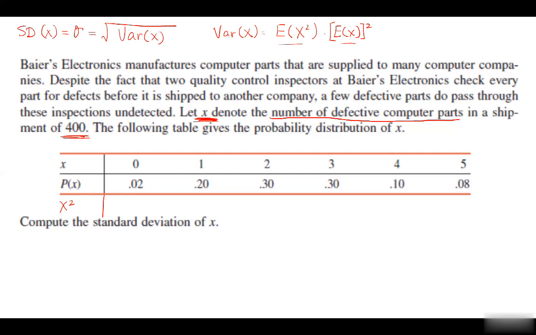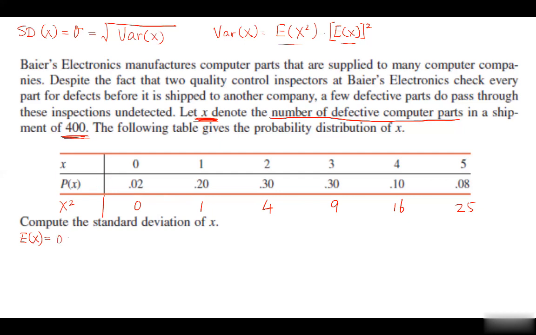The values that X squared can be are 0, 1, 4, 9, 16, and 25. Okay, so now first let's calculate EX. The expected value of X, according to the definition, is the sum of each value times its corresponding probability.